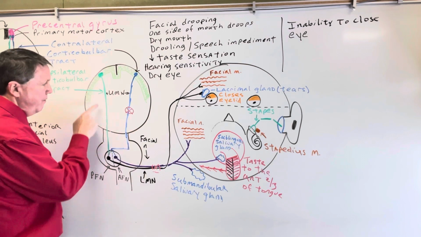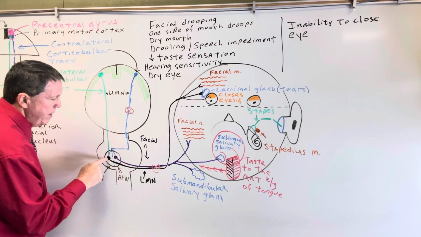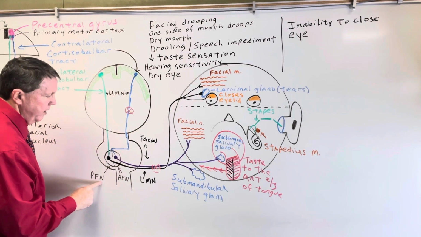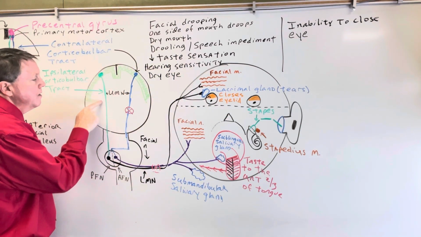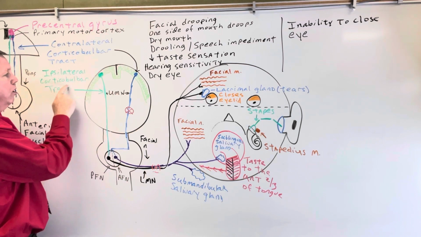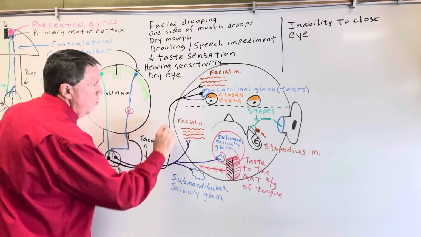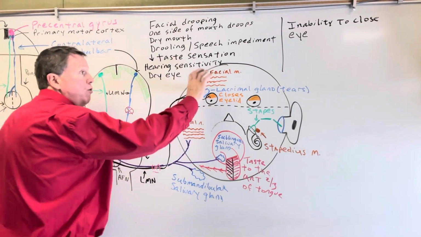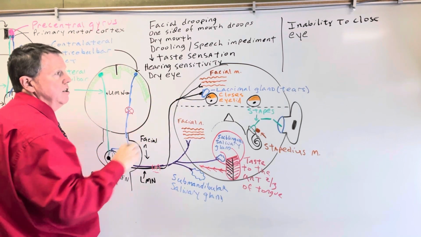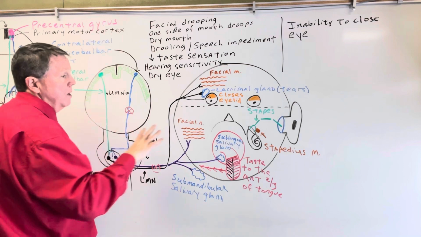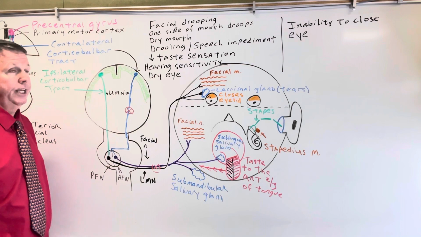But if this is cut off and I'm not getting anything back here into the posterior facial nucleus, everything in the upper part of the face is still going to work because we still have this ipsilateral corticobulbar tract still supplying innervation to this nerve here. So if you see the upper part of the face is still working, they can close their eyes, they're not complaining of dryness, they don't have the drooping in the upper part of the face, but the bottom has all this going on, then chances are it's a problem that's coming from somewhere up in here.